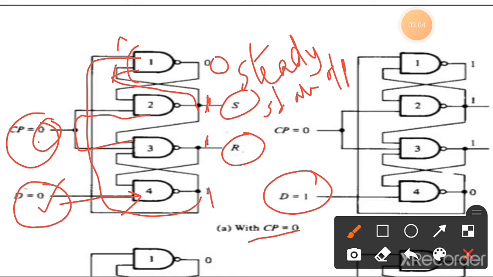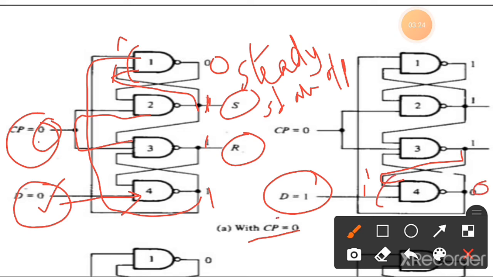And here when D is equal to 1, what will happen? Here we know that D is equal to 1, then the last output is already 1. Here the output of gate 3 is equal to 1. Then this 1 comes here. Then both inputs are 1, so the output will be 0.